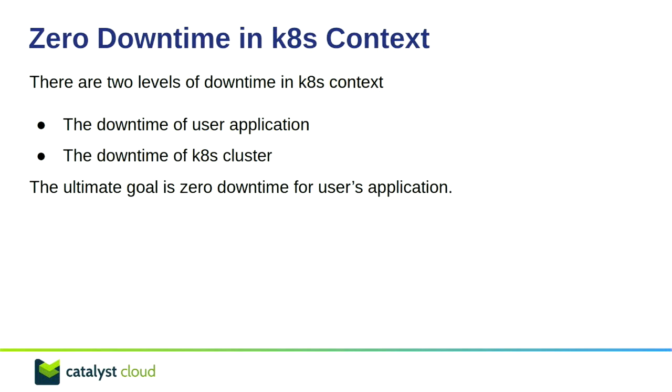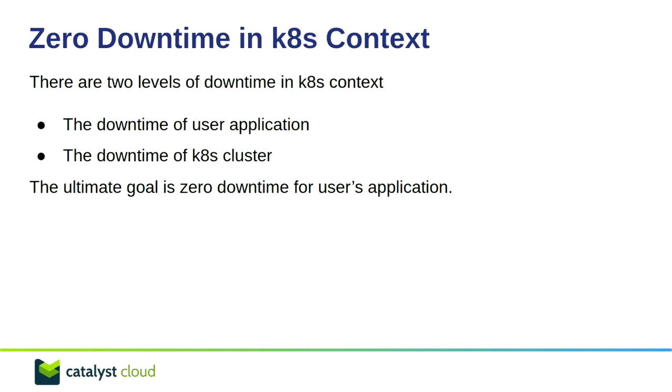So when I say zero downtime in the Kubernetes context, that's probably the most difficult part when we work on the Kubernetes service to deliver on our public cloud, because it's quite difficult.